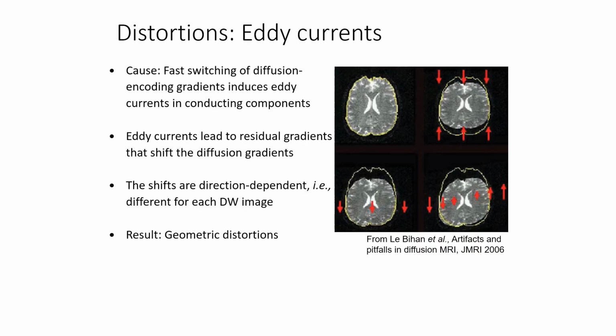We can also get eddy currents as you are measuring water diffusion in one direction. Again, the scanner, the head coil as we call it, puts a radio frequency signal into the brain, and that aligns protons along with that signal, and it waits to measure, lets the signal decay, lets them relax back in alignment with the bore of the magnet, and measures the signal. But what happens is you're measuring these different directions and you end up with little eddy currents.